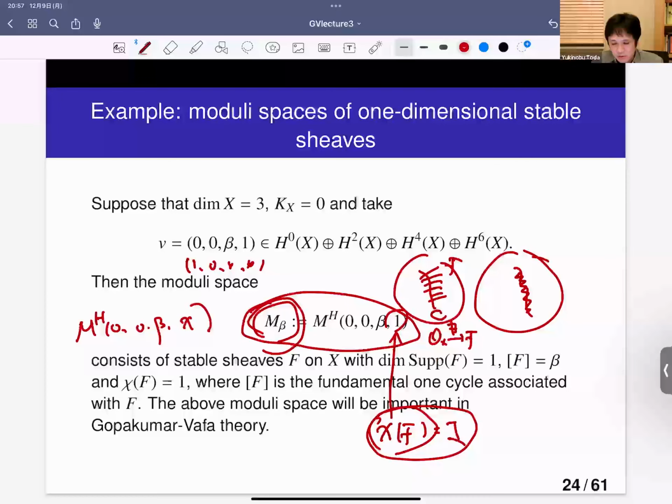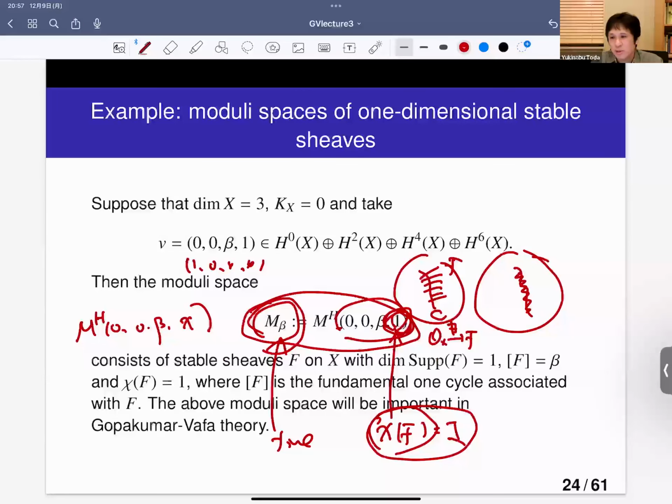One reason why people take 1 in the literature is that this moduli space is just nice. This is now the fine moduli space. This is because this vector is primitive in the cohomology class. This is because the last factor is just 1.